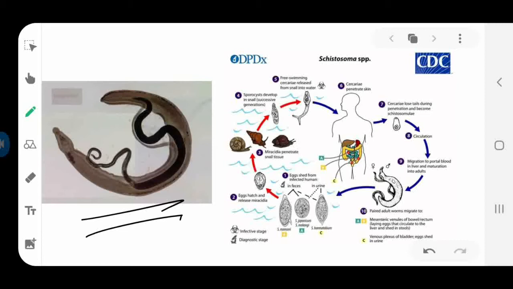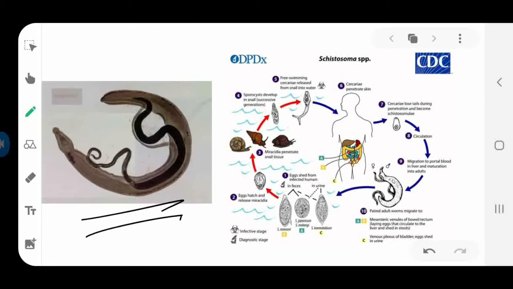Excreted eggs hatch in freshwater, releasing miracidia. The first larval stage is called miracidia, which enters snails. After multiplication, thousands of free swimming forked-tailed larvae are released. They penetrate human skin within a few minutes.